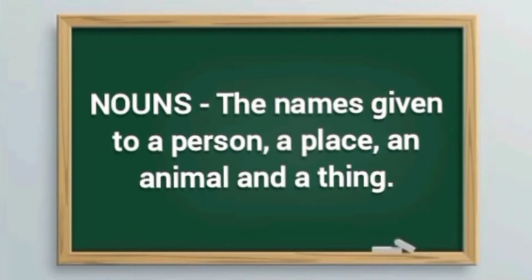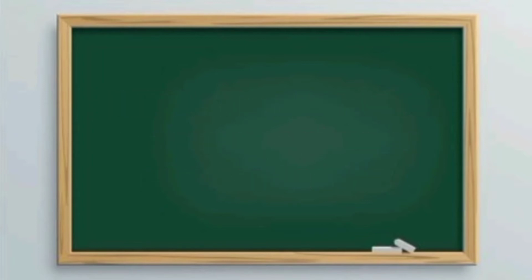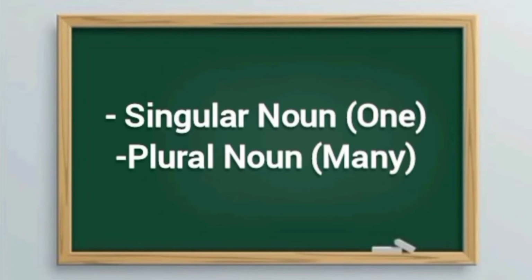So now kids, let us revise one and many, or singular and plural. So kids, nouns are the names given to a person, place, animal or a thing. Now these nouns can be one in number or they can be more than one, like 2, 3, 4 and so on, isn't it? So if these nouns are one in number, it is called a singular noun.